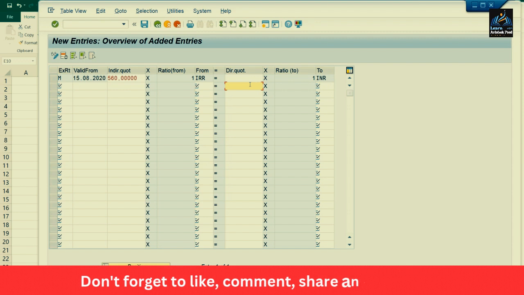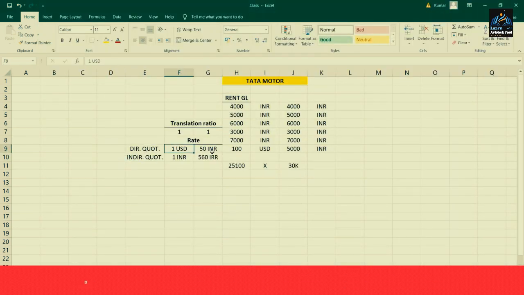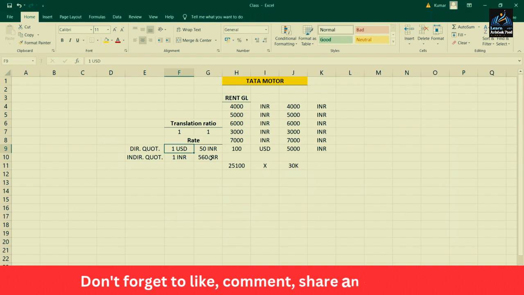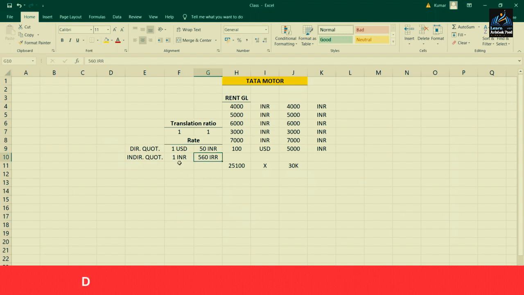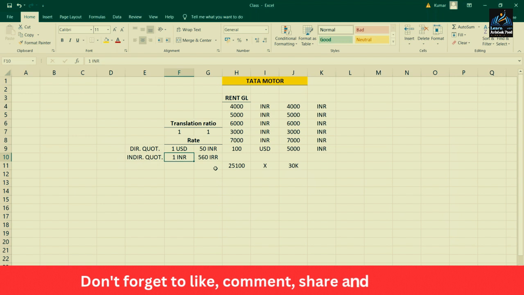This is how we are able to understand the value, guys, right? Because here I'm saying that 1 USD equals 250 Indian currency. So I'm able to understand very easily, and you are able to understand very easily. At the same time, when it comes to Iranian currency, I'm saying that 1 unit of Indian currency equals 560 of Iranian currency.